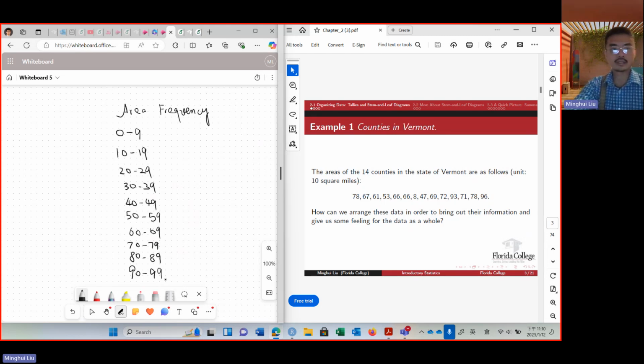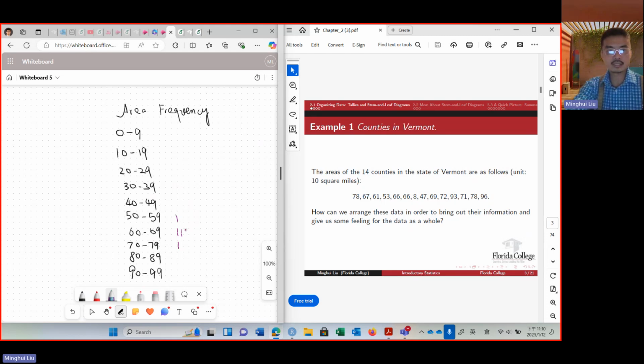And now let's go through this data one at a time. I'm going to use a different color. You don't have to do that. So here, the first one is 78. That belongs to this group 70 to 79. So I'm going to mark it with a tally mark. And then 67, that's right here. And then 61, that's another one in this group. And 53.